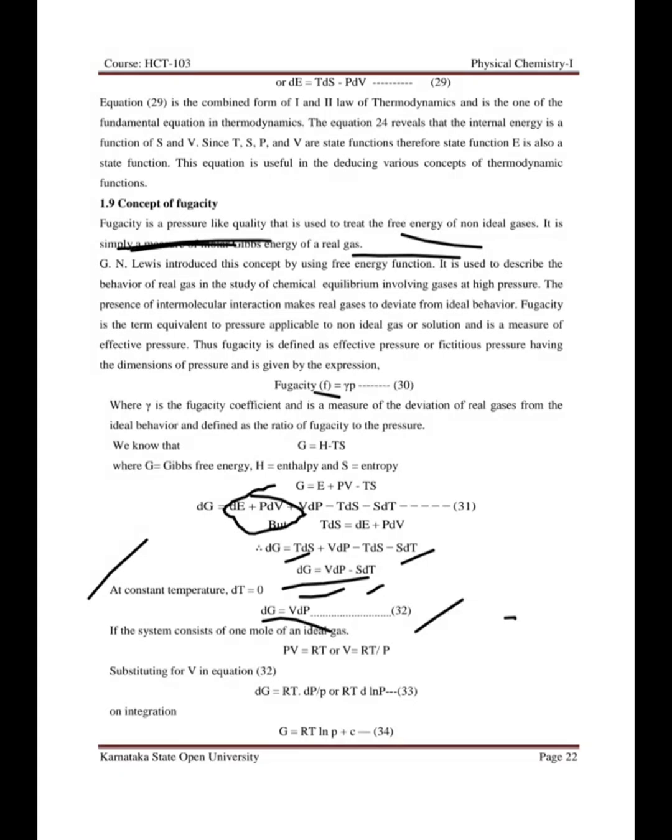The same applies for a system consisting of 1 mole of an ideal gas. PV is equal to RT.